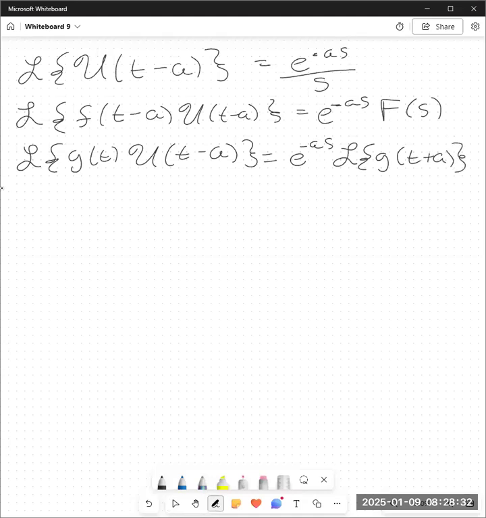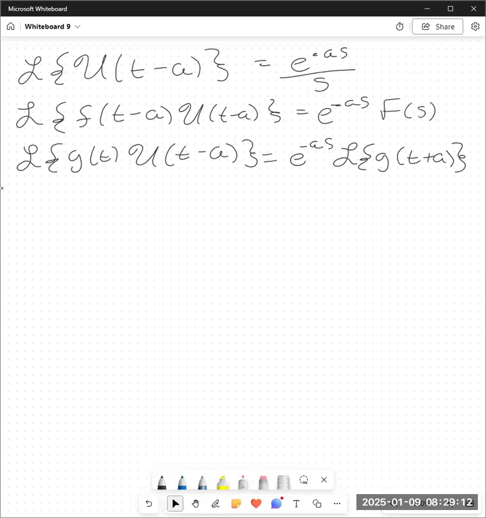This is actually the general rule here that works for all of the functions, but these are two special cases that we're going to be using quite a bit here. So you could be writing this as Laplace transform of f of t, because this got shifted a, t minus a plus a is f of t, and that is just denoted as capital F of s.